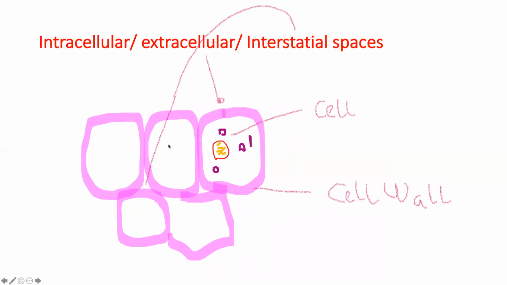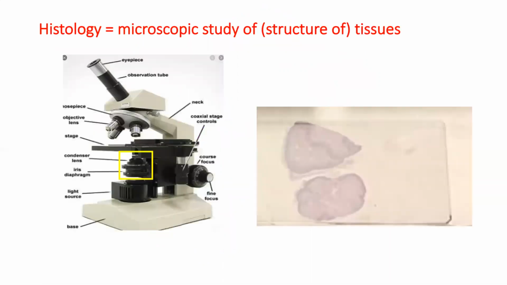In between cells, there is a small little space, which we call interstitial space. Inside the cell is intracellular, and outside the cell is extracellular. This is my rough drawing of the cells. But of course, we have to use the microscope, do the histology slide, put it on, use high power, and we will see the cells we saw in our previous slides.